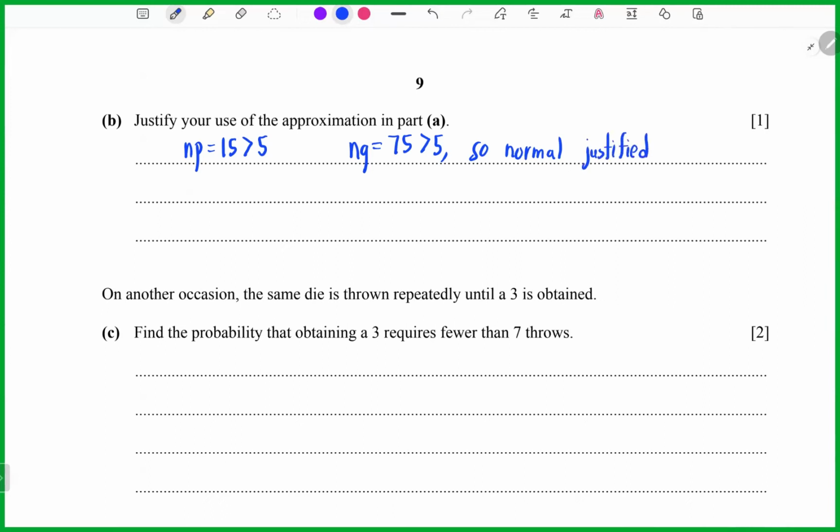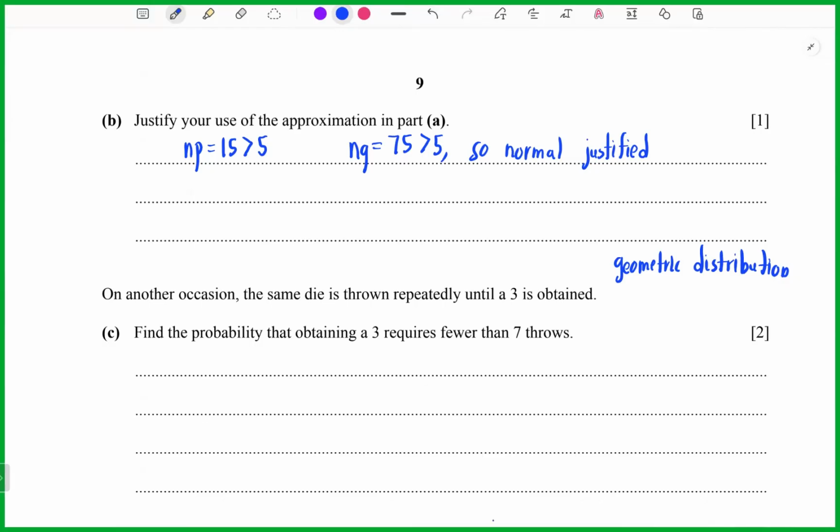On another occasion, the same die is thrown repeatedly until a three is obtained. This is a geometric distribution. Find the probability of obtaining a three requires fewer than 7 throws.